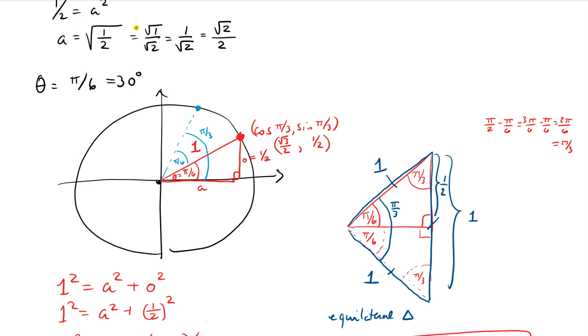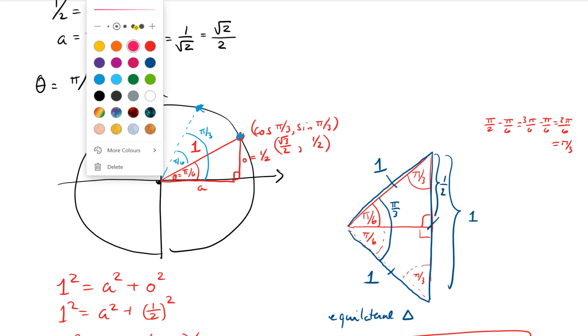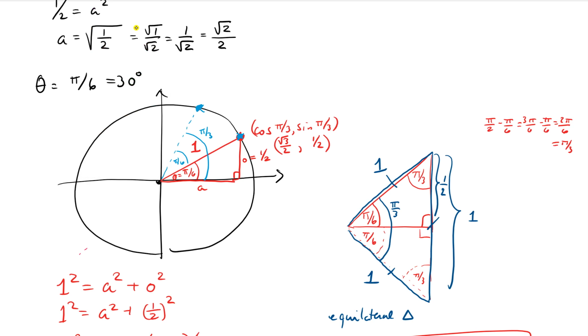Okay, now these two points, if you look at them, this one and this one, what they have in common is that if you draw the line y equals x here, and you reflect this point across the line, you're going to get the other point.